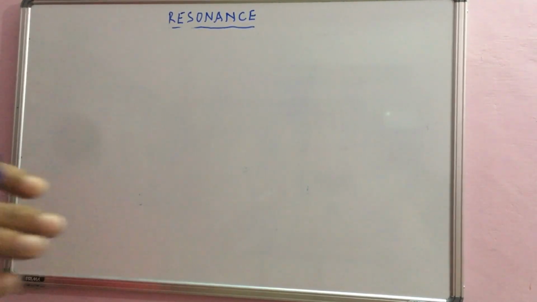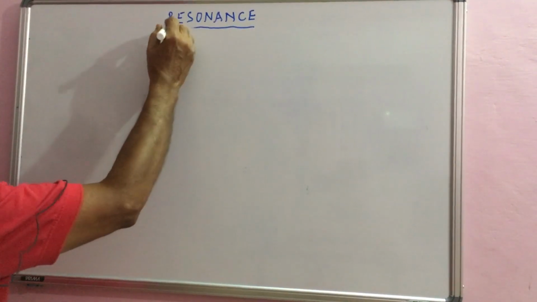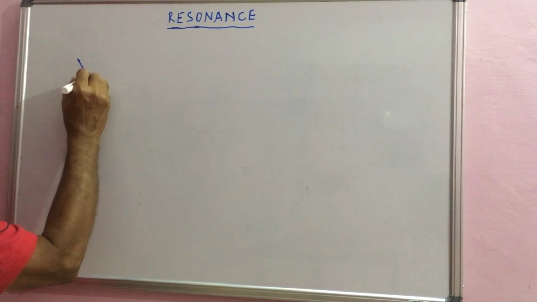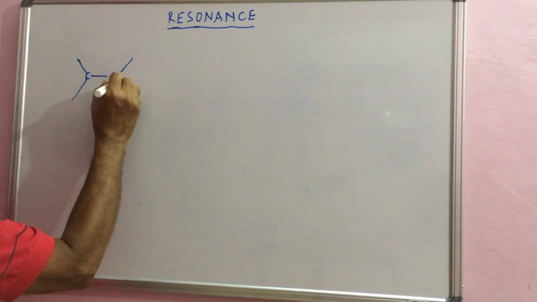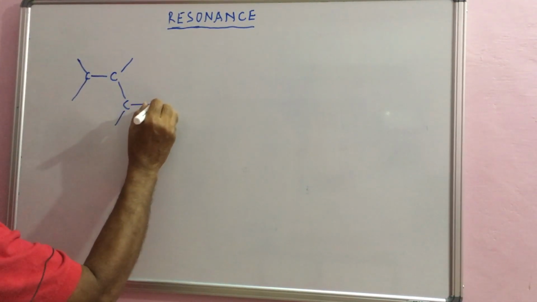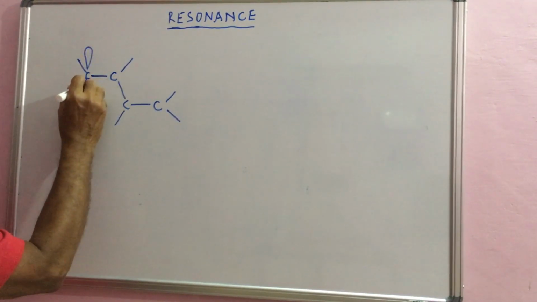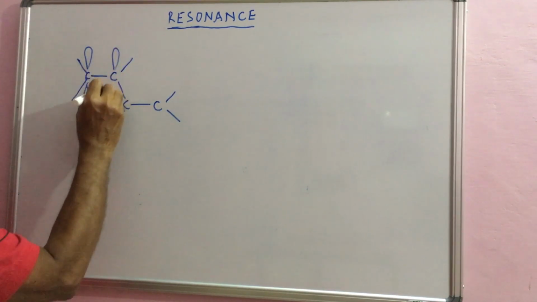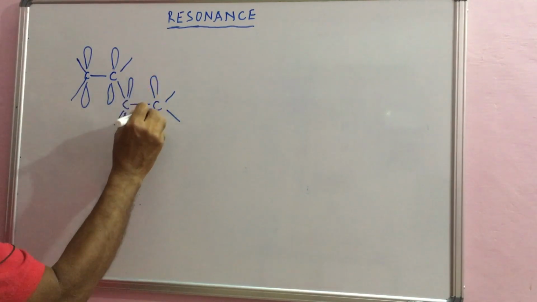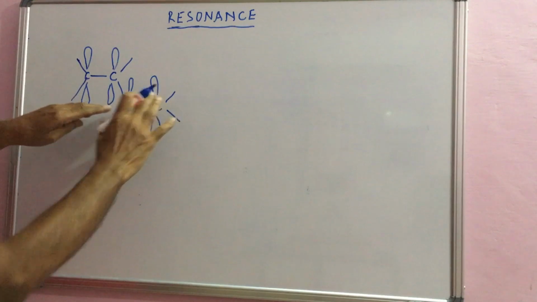If you take the case of butadiene and form the molecular orbital picture of this, all are sp2 hybridized, one p orbital here, one p orbital here. There are 4 p orbitals standing perpendicularly on this plane of 4 carbon atoms.